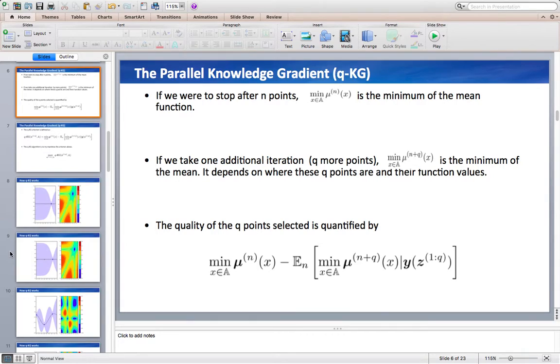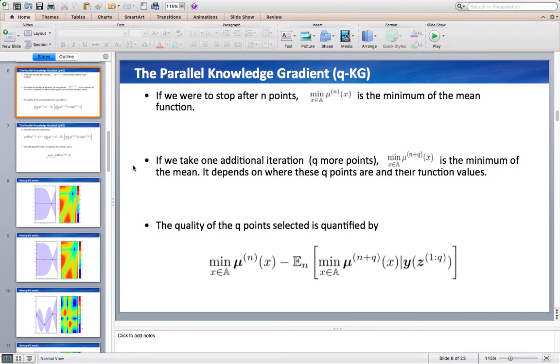The parallel knowledge gradient has a strong decision theoretical guarantee. Suppose we have observed n points; the minimum of the mean function is what we can gain if we stop now.